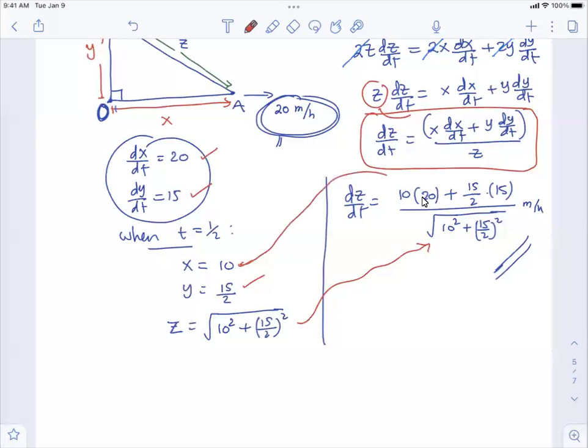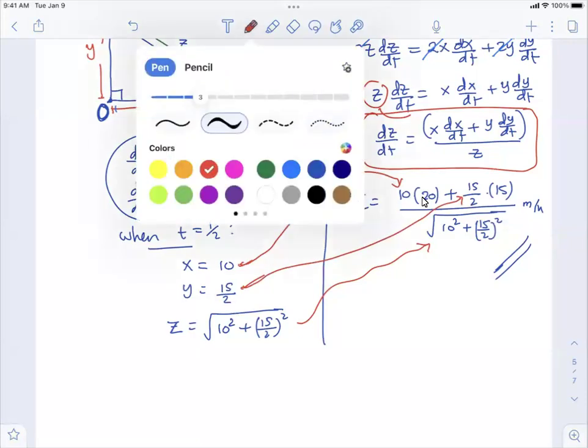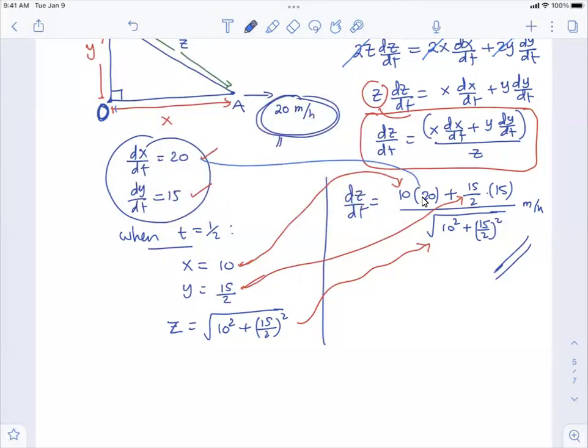This is none other than just x. y is none other than just what you see here. And then dx/dt is what you have here. dy/dt is what you have there. Just plug them in the corresponding positions to get the final answer. And it is not necessary to simplify unless it's demanded by your final form of the solution. So just don't overcomplicate it.